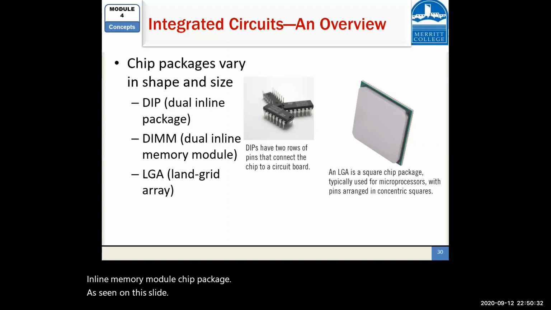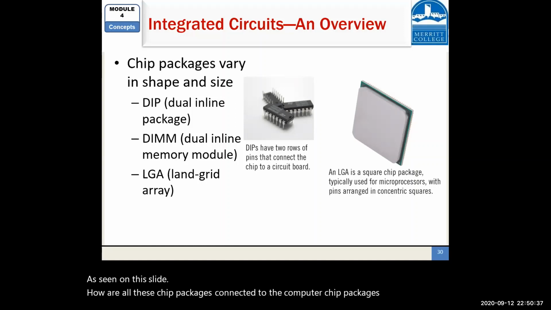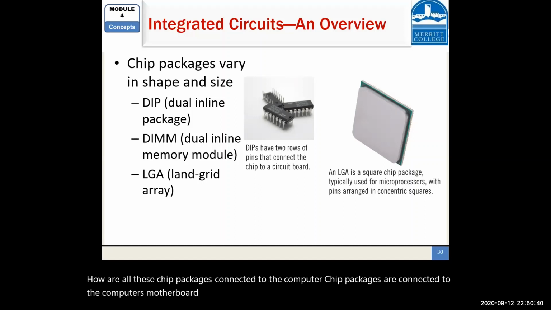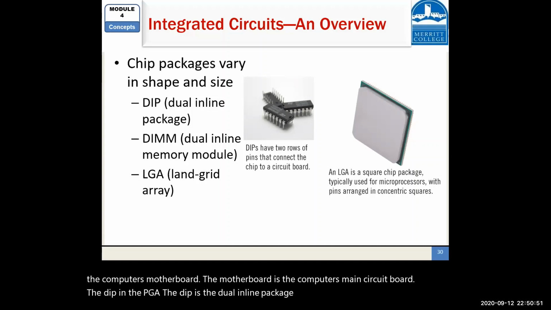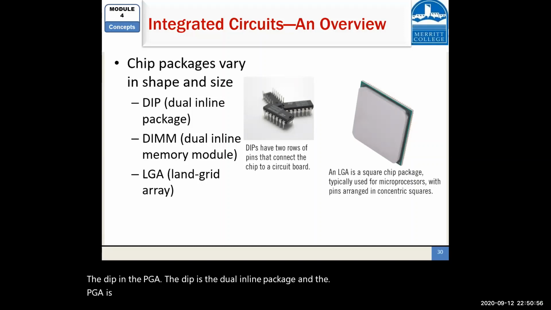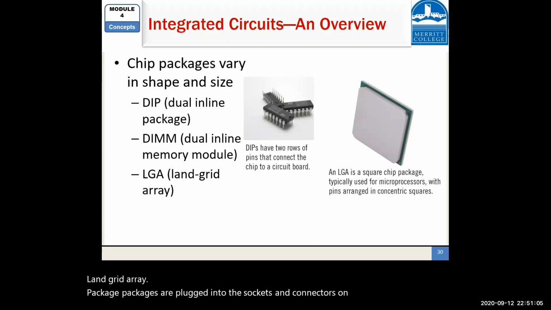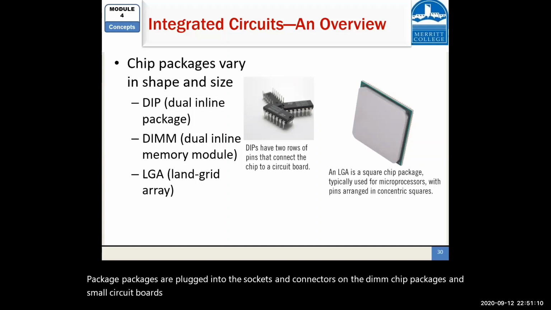How are all these chip packages connected to the computer? Chip packages are connected to the computer's motherboard. The motherboard is the computer's main circuit board. The DIP, the dual inline package, and the PGA, the pin grid array packages, are plugged into the sockets and connectors on the motherboard. The DIMM chip packages and small circuit boards are plugged into the slots on the motherboard.